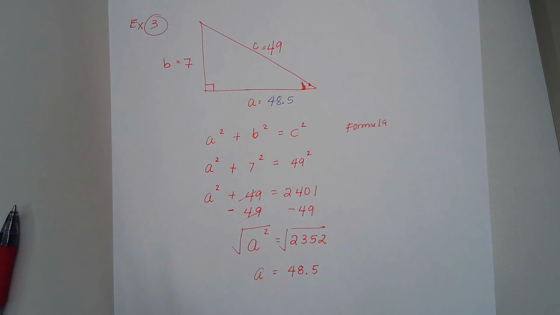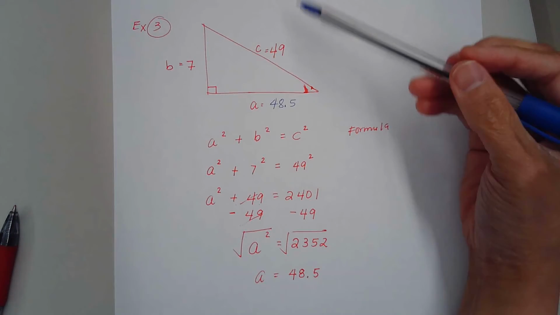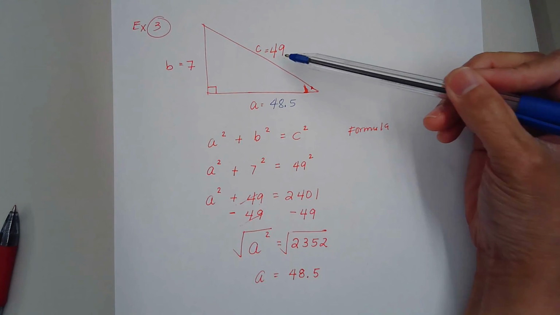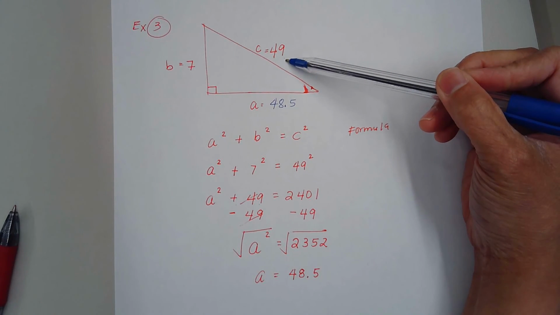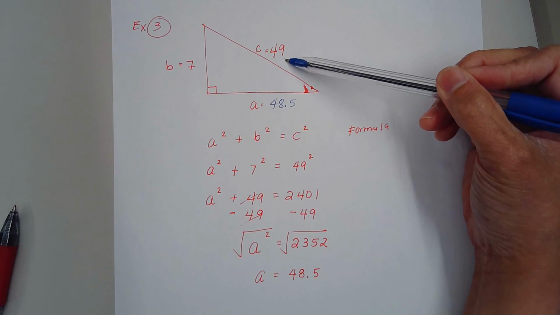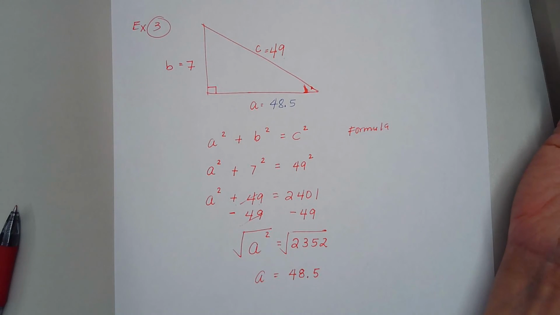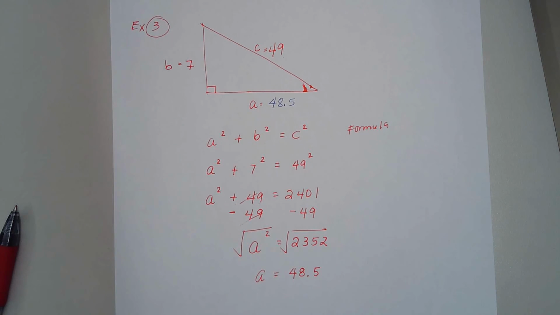To check if our answer is reasonable, we look at this. Is the hypotenuse still the longest? Yeah, right? This is 49, this is 48.5, and this is 7.